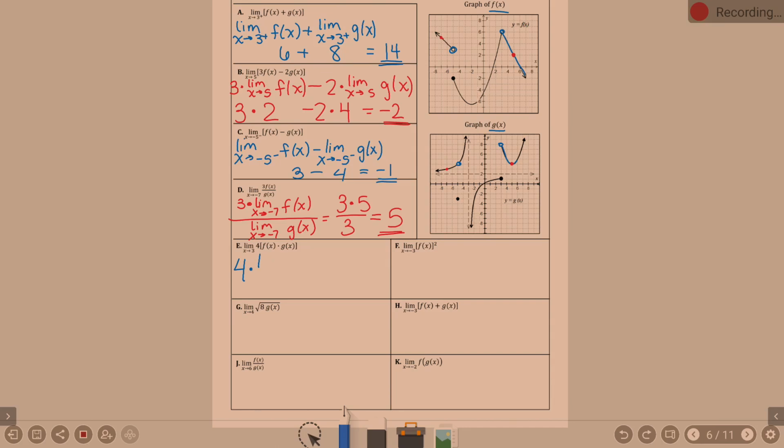So 4 times the limit as x approaches 3 of f of x times the limit as x approaches 3 of g of x. Okay?